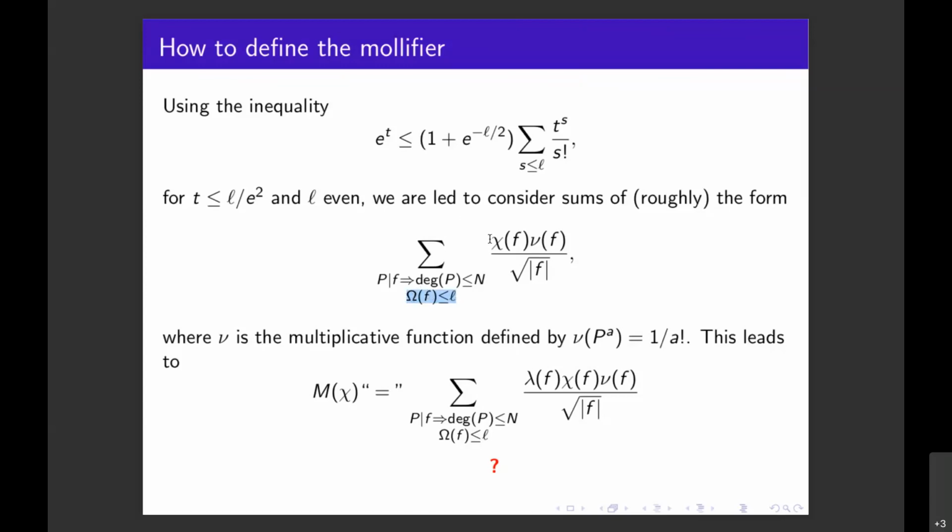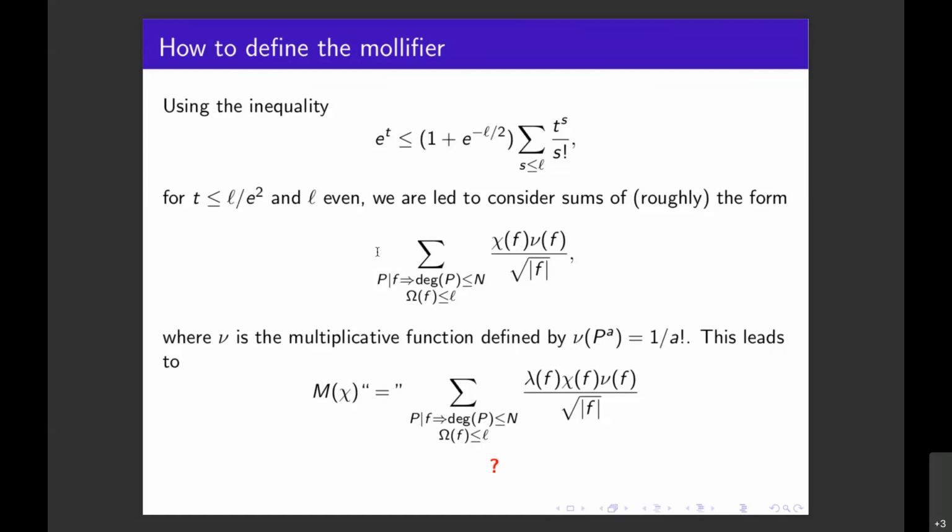And here we get the character chi of f. We have some combinatorial function here, nu of f, and we divide by the square root of the norm of f. So this is what we get from using the truncated Taylor series. And this function nu of f is a multiplicative function, which is, for example, equal to 1 on primes.